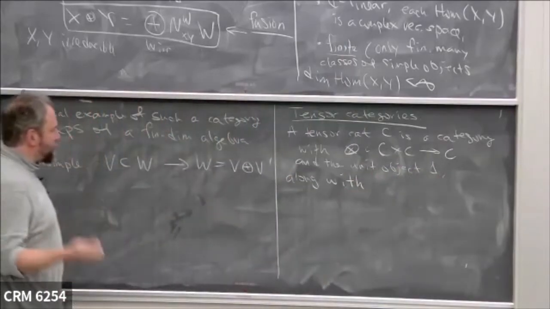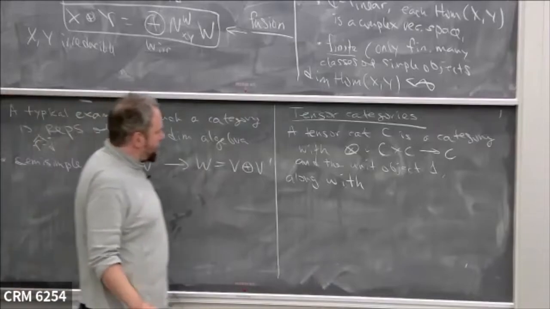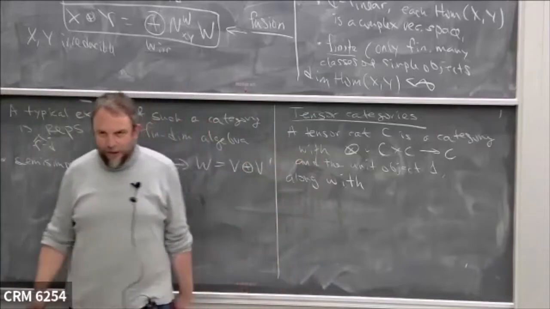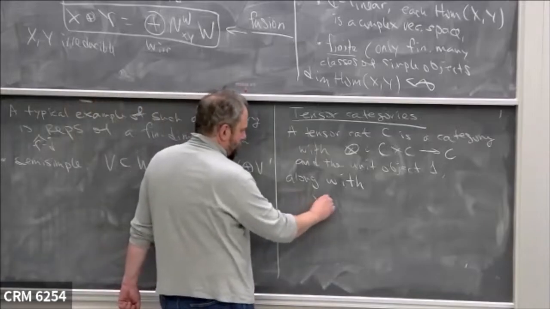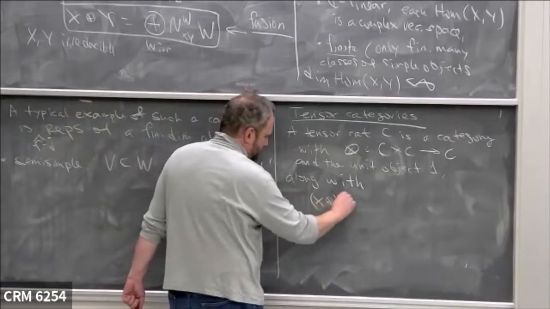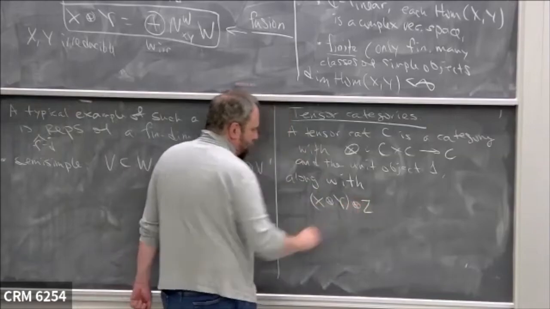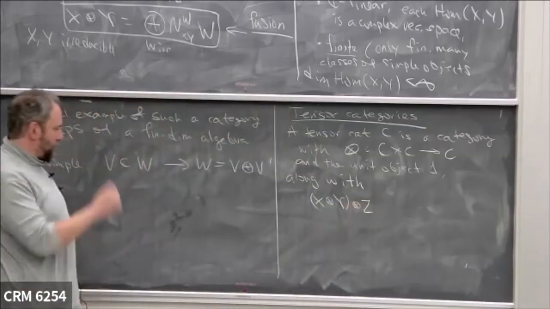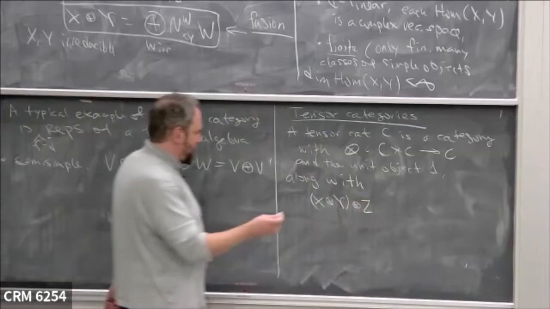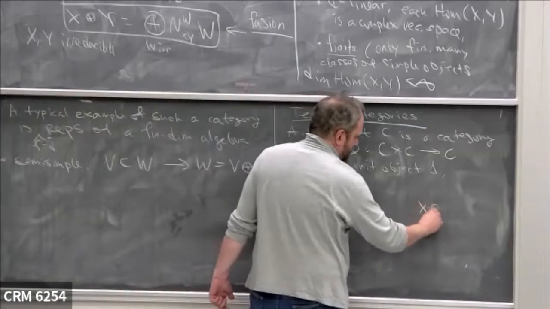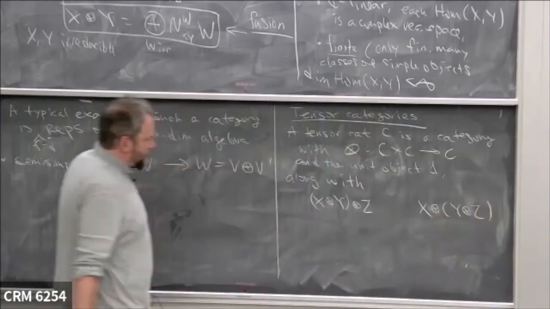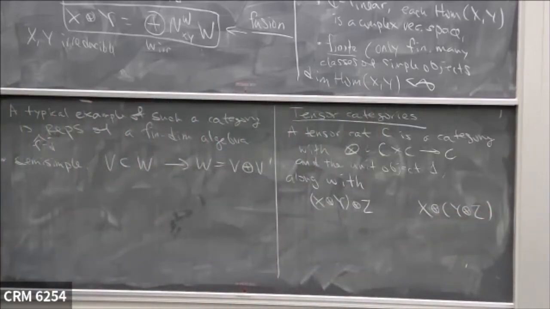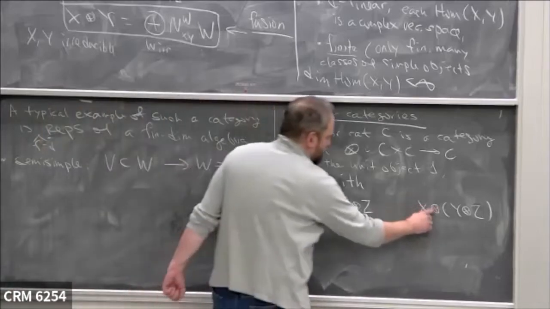Namely, I would like to require this tensor product to be associative. In what sense? Associativity means that when I have three objects, I can always form two products: I can multiply them first x and y, and then z, or first y and z, and then x. These are tensor products, not sums.